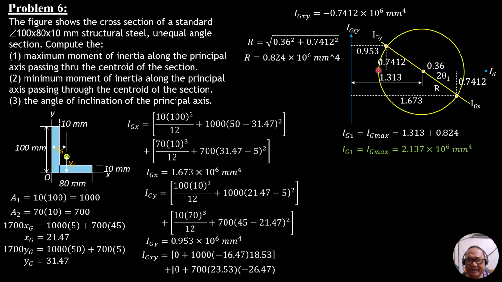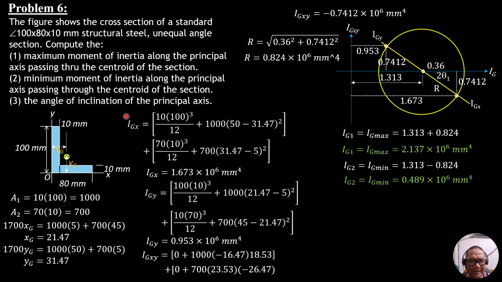Then Ig minimum, which is here, which is Ig2, is 1.313 minus the radius. So 1.313 minus 0.824, and it is equal to 0.489 times 10 to the 6 mm to the fourth.